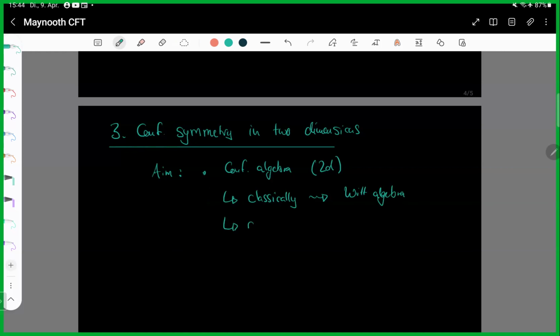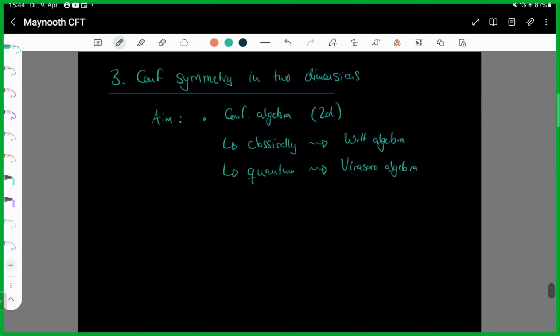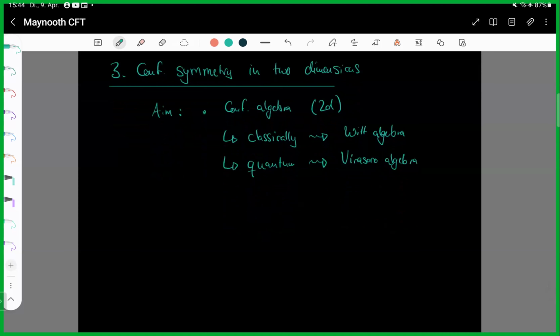We're also going to talk about the quantum version of this, which is the Virasoro algebra. We're not going to derive this most likely, there is no time for this, but I'm going to try at least to motivate it. We only have 6 hours, and mostly the school is not about the details of conformal field theory, but I want you to get up to speed with the idea of conformal field theory per se, so that you can follow later on in the school.